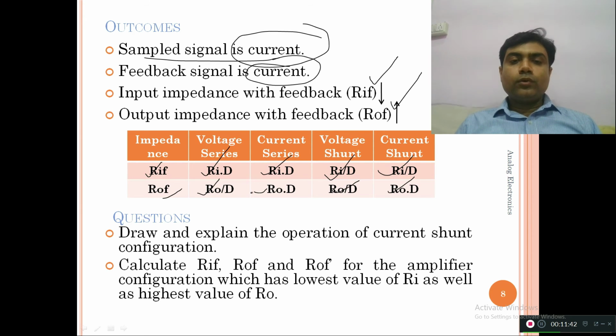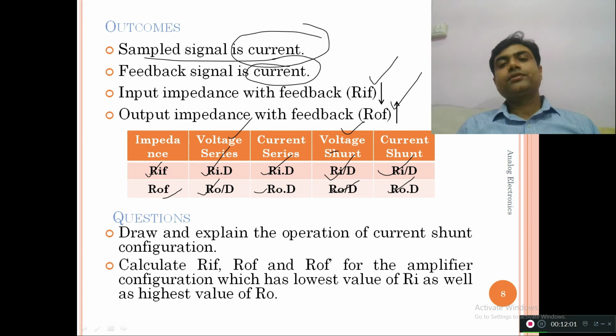If you closely look at this table, you can easily determine that I am sampling the voltage here, and I am sampling the voltage here. Look at these particular tables, sampling the voltage here and sampling the voltage here.